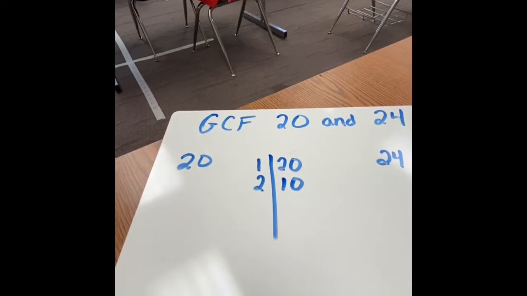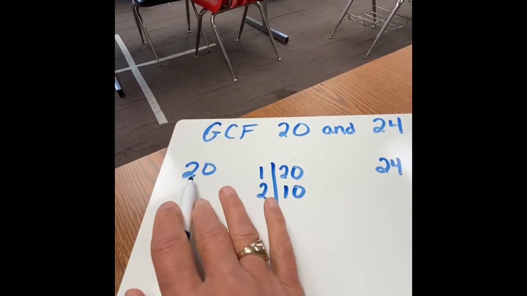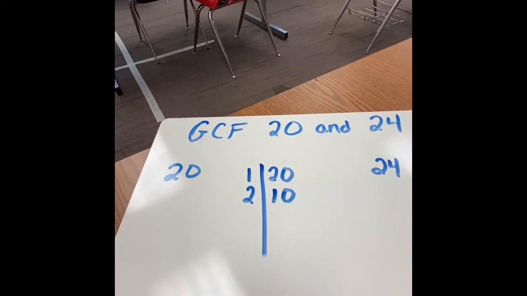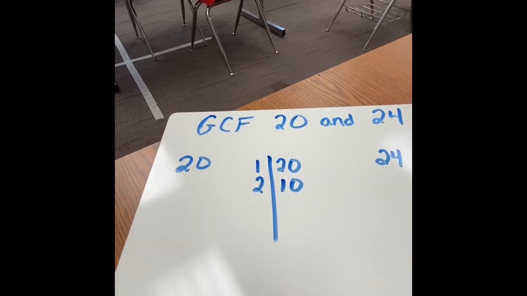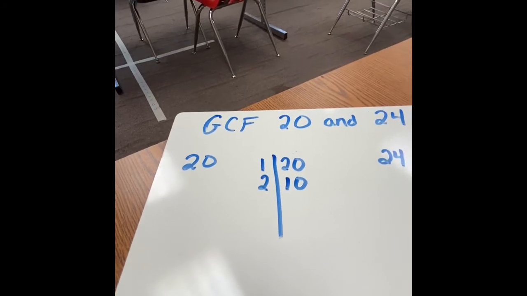Using the divisibility rule for 3, you add the digits of the number. 2 plus 0 gives you 2, right? 3 can't evenly go into 2, can it? So that means 20 is not divisible by 3 either.